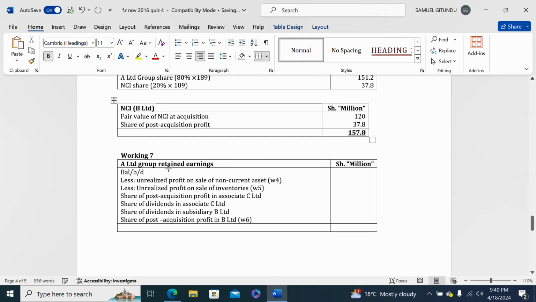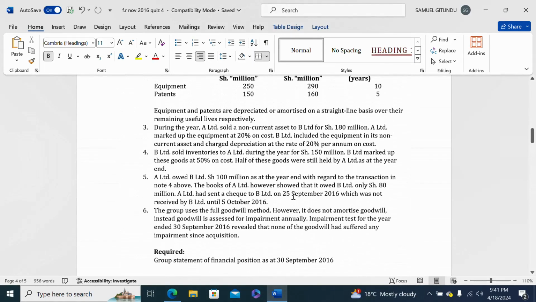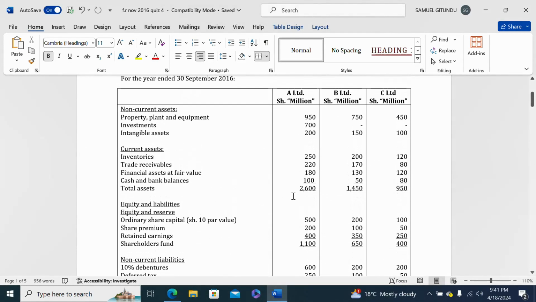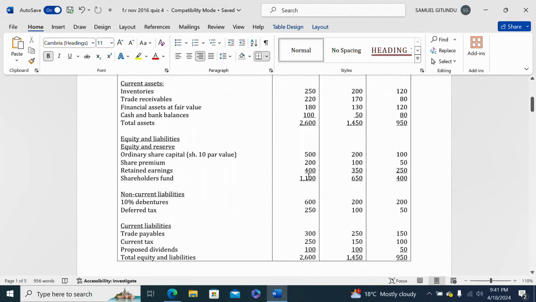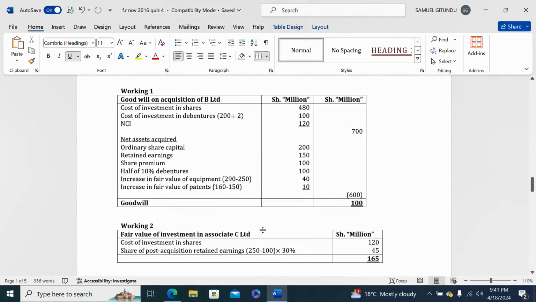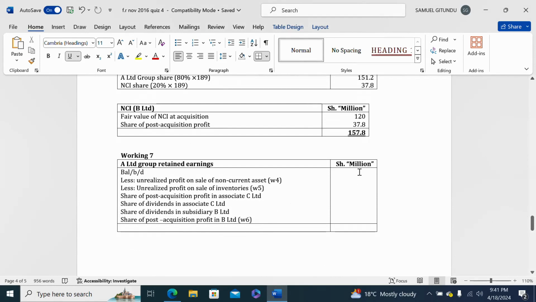This is the group retained earnings. So we check in the statement of financial position, the group retained earnings. We first check the retained earnings of A, which is 400 million.